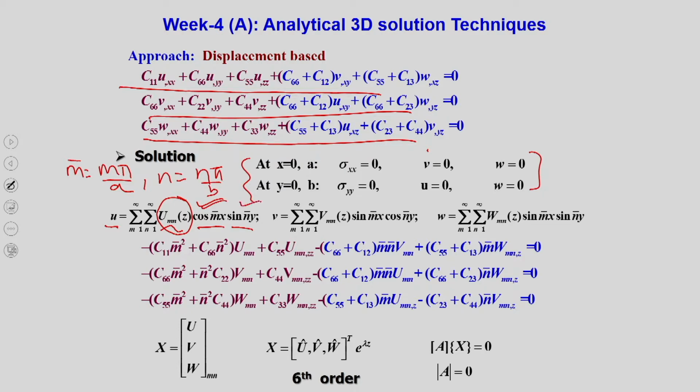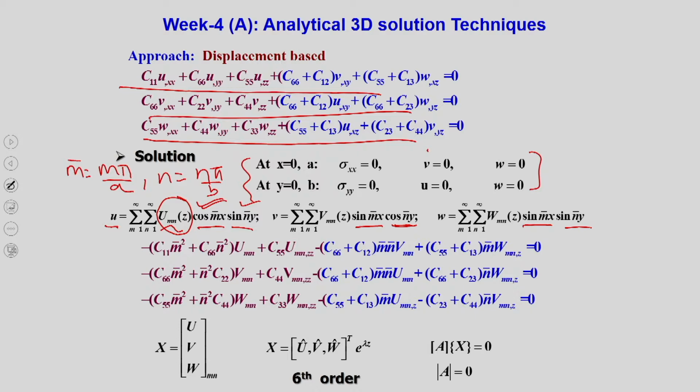So, cos and sine. Then v along x axis is 0. So, in terms of sine, along y in terms of cosine, and w along x and y both it is 0. So, it is assuming a double Fourier series, sine and sine.